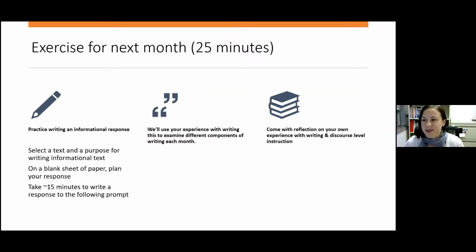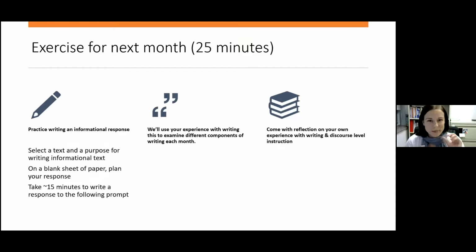I'm going to ask you to write an informational text, so some type of compare and contrast or a description or some other genre of writing to communicate information. Select just a short text, create your own question about it, and then write for about 15 minutes, an essay that addresses your prompt.